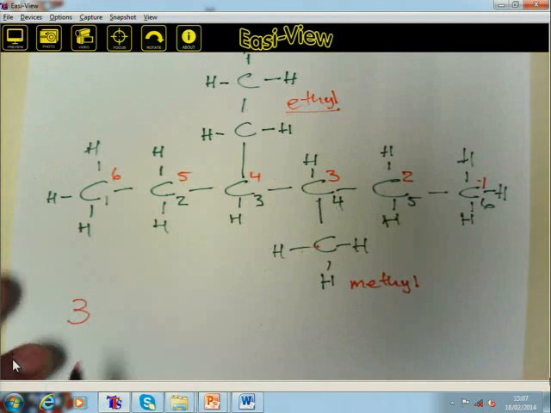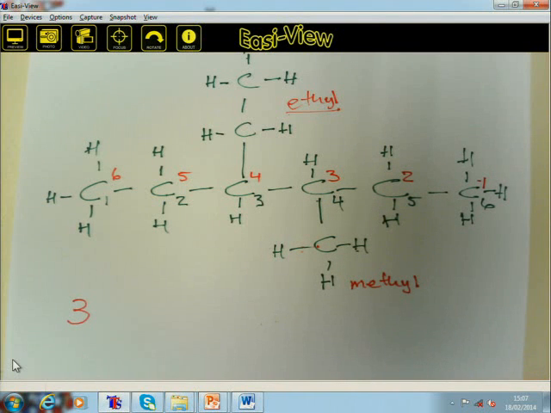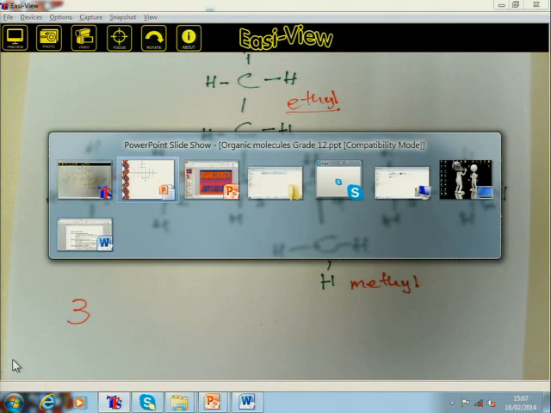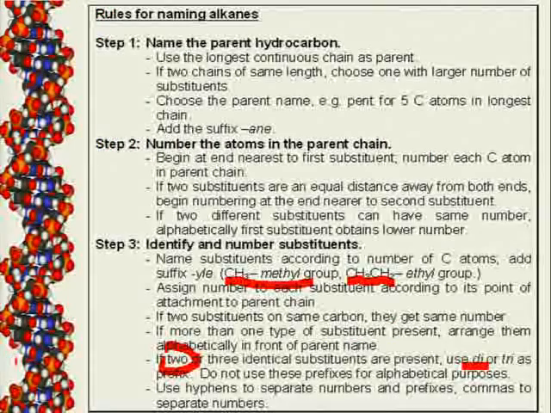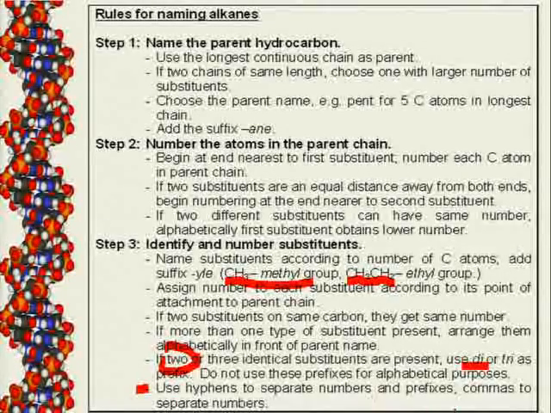And remember, according to what we just read on those bullets, let me just go back and show you the last point there. We said you use the hyphen and the comma to separate. The hyphen is used to separate the number and the prefix, while the comma is used to separate the numbers. All right?